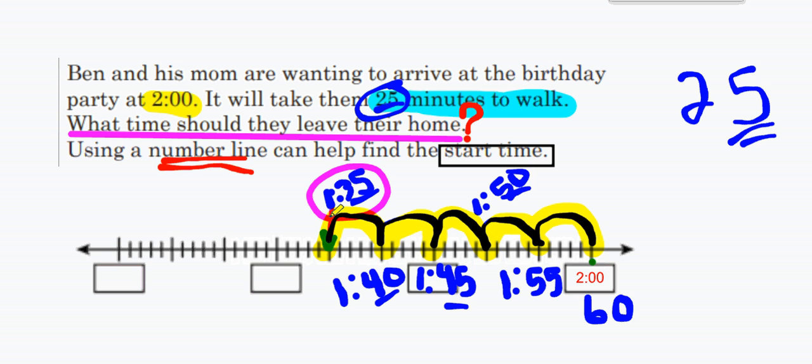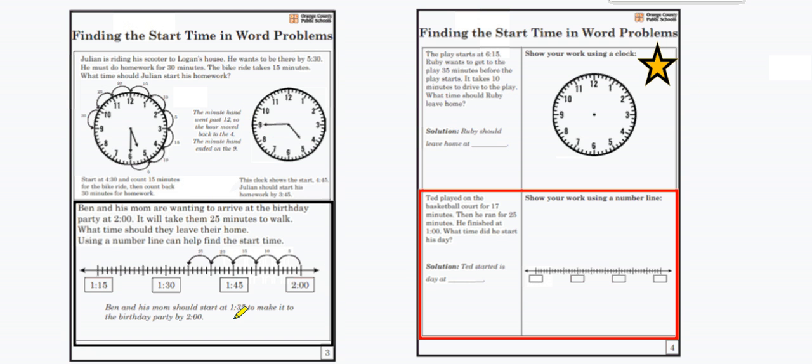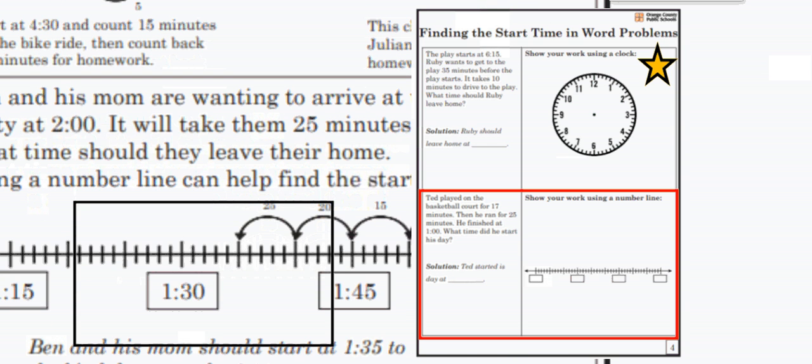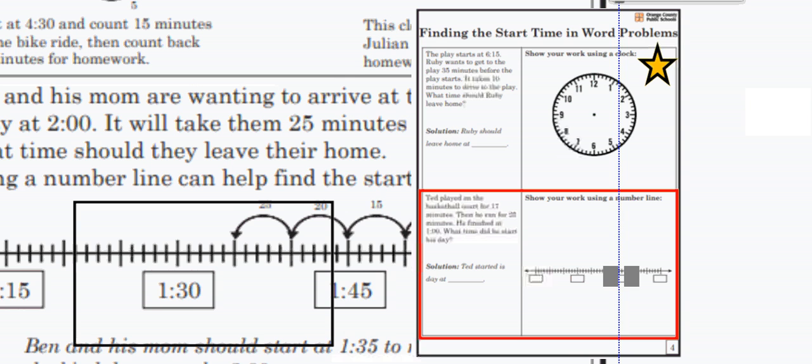So what time does Ben and his mom need to leave the house to arrive at 2 o'clock at the birthday party? Good job. They must leave the house by 1:35. And that is exactly what you will see at the bottom of this page, with the only difference that, if you look at it closely, they only wrote certain numbers on the clock.